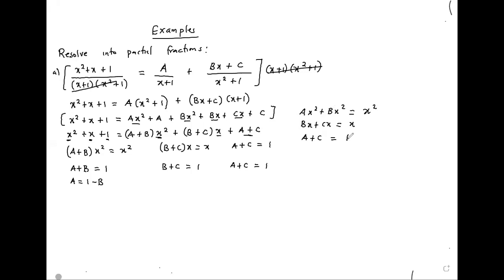If you divide throughout by x squared, you get a plus b is equal to 1. If you divide by x, you get b plus c is equal to 1. This one remains a plus c is equal to 1. That's how we get these equations.